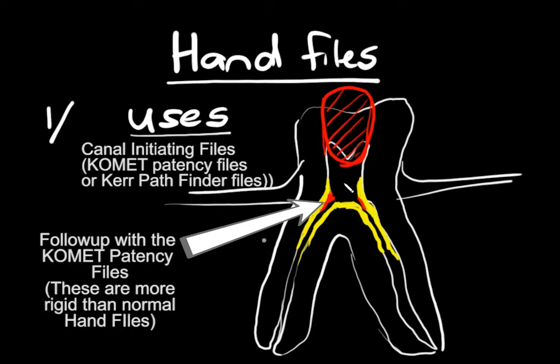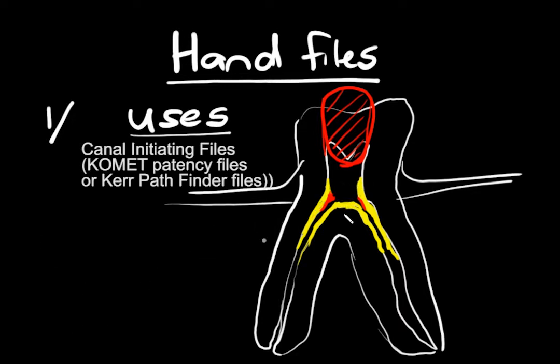Now we can start looking for these canals with files, and if we use a stiffer hand file in this area of the canal here, and this area of the canal here, then it gives us a bit of leverage and we can push down.